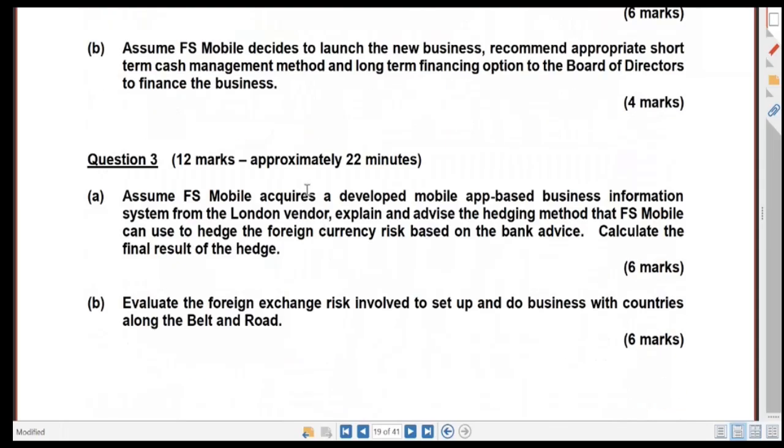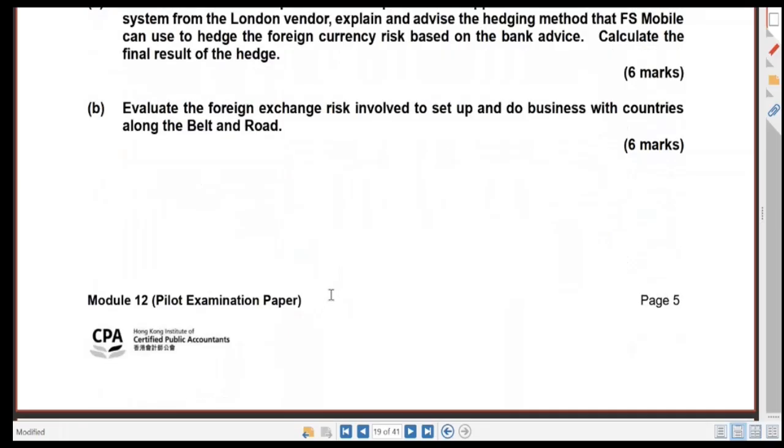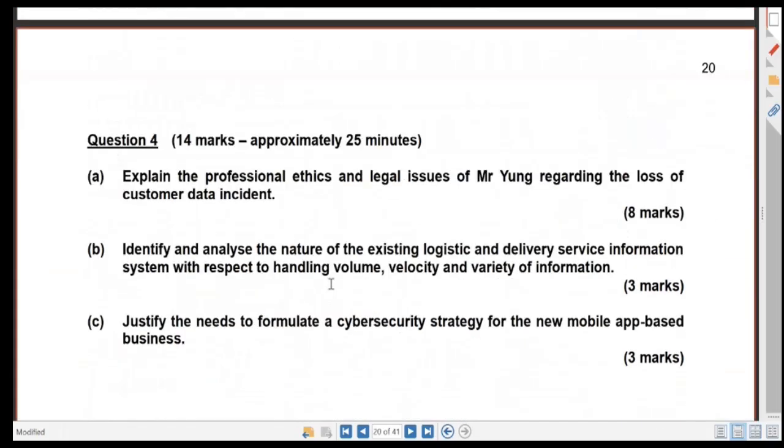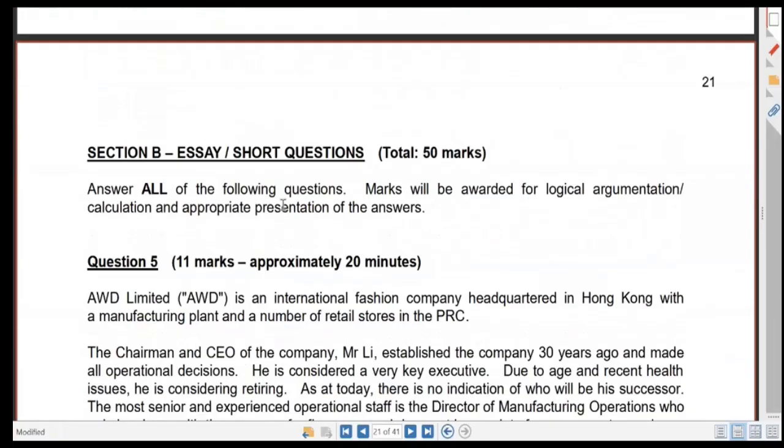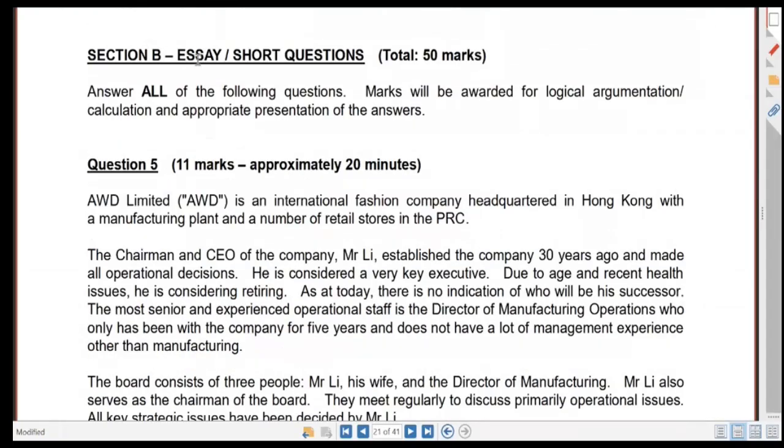And then question number 3, roughly, this is area number 6. We are talking about foreign exchange risk. Area number 6. And then we come back here to area number 8. This is about strategy again. So 4 questions.